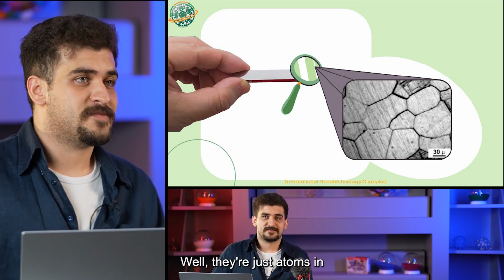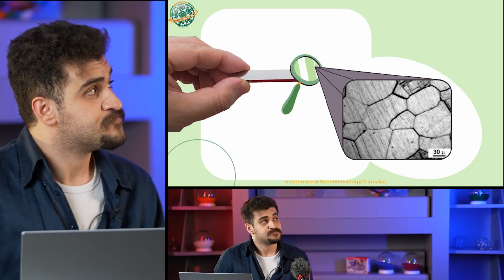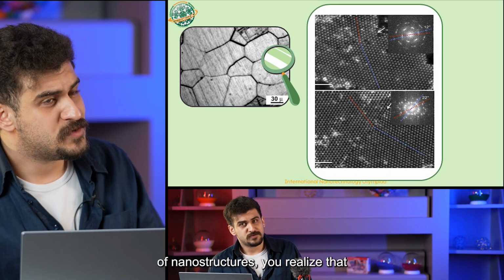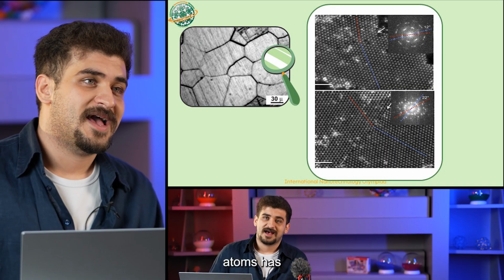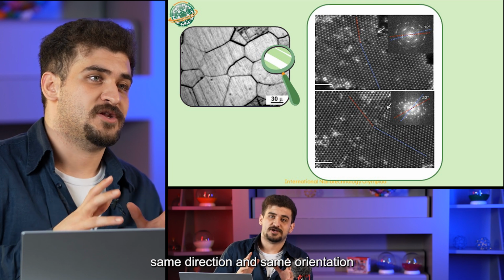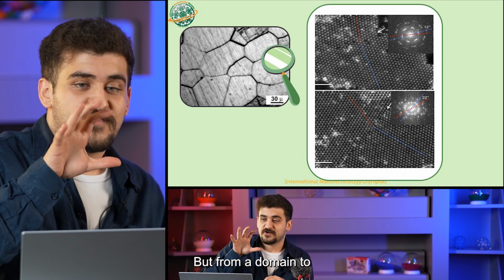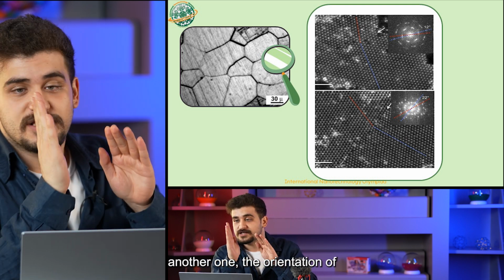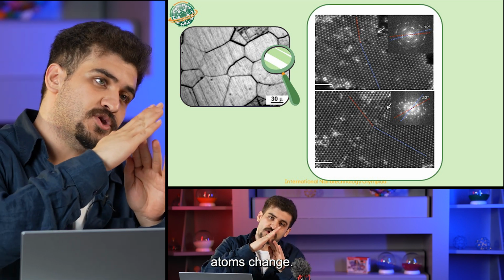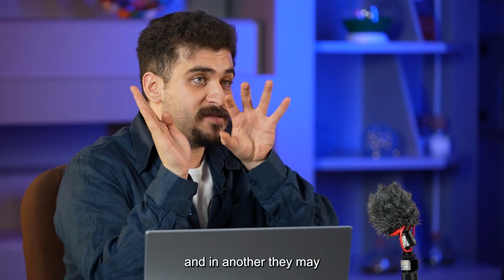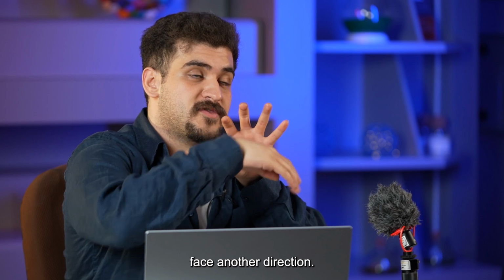Well, they're just atoms in different orientations. If you zoom in on that micrometer structure into the world of nanostructures, you realize that atoms have the same direction and same orientation in each domain. But from one domain to another, the orientation of atoms changes. For example, in one domain they may face this direction, and in another they may face another direction.